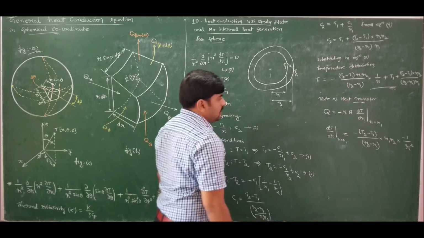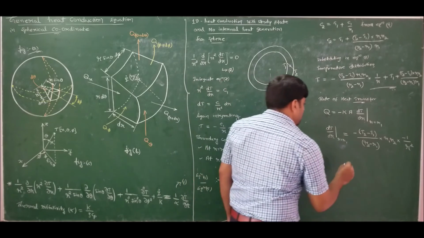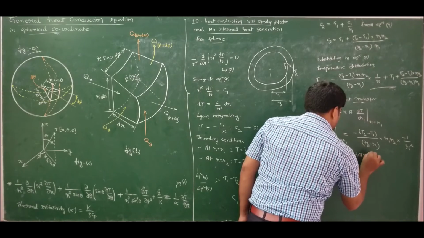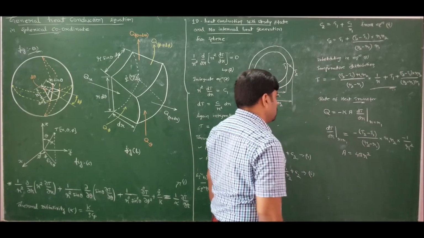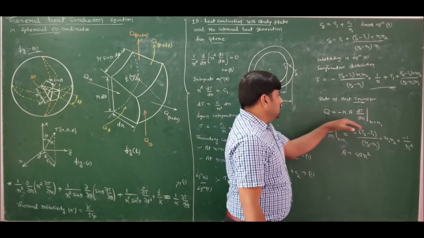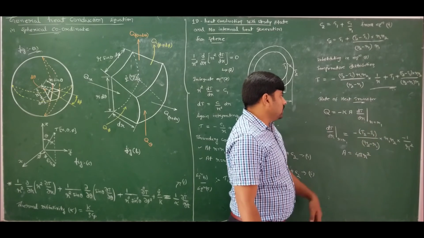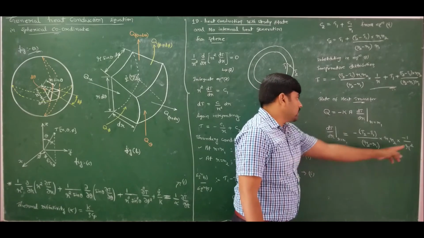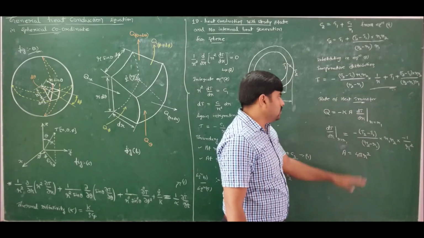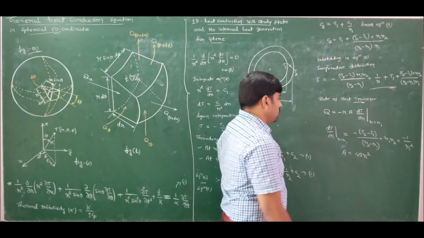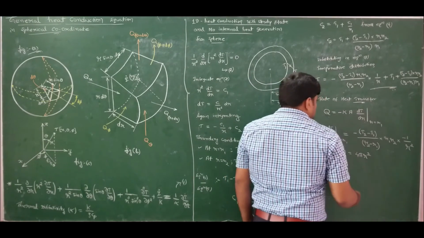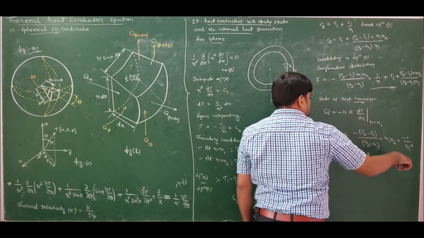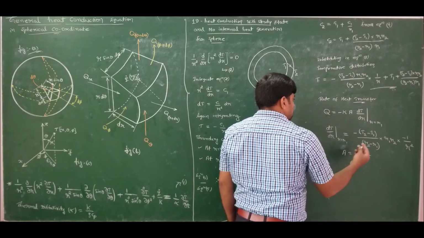Differentiation of 1 by R is minus 1 by R square, and the area for a sphere is 4 pi R square. Now evaluate this equation by substituting R is equal to R1, or keep it as R itself. Anyhow, this R square and that R square will get cancelled when you substitute. So let me keep it as R and cancel it off, or if you want you can substitute it as 4 pi R1 square and cancel it off. Both give the same answer.